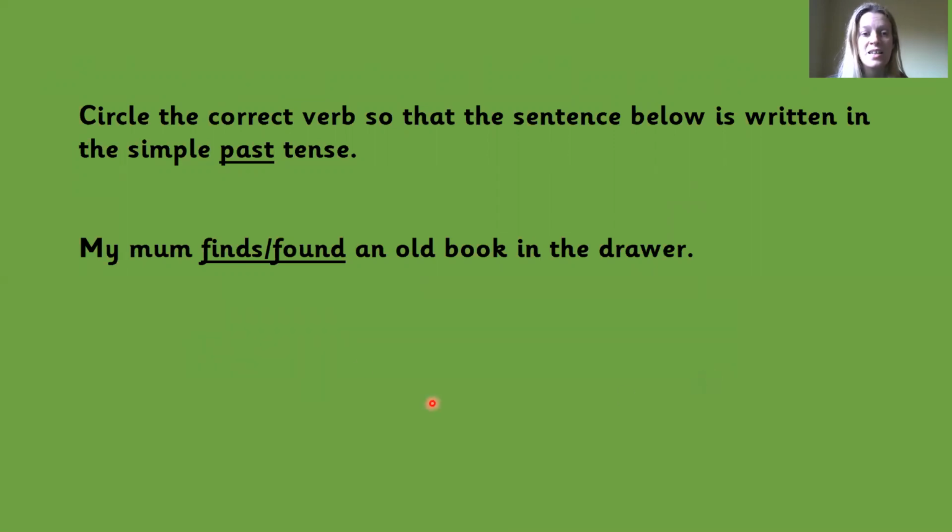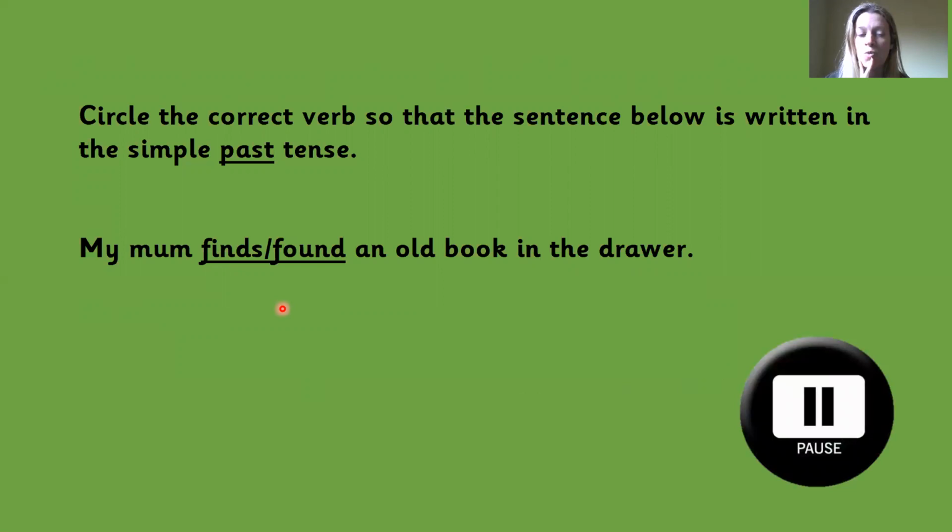So we need to decide which one of these verbs is going to tell us that it's in the past tense. Okay, so think about what I just said a minute ago about those two sentences before, and they were in the present tense. So pause the video here and think, can you figure out which verb changes this sentence and puts it into the past?